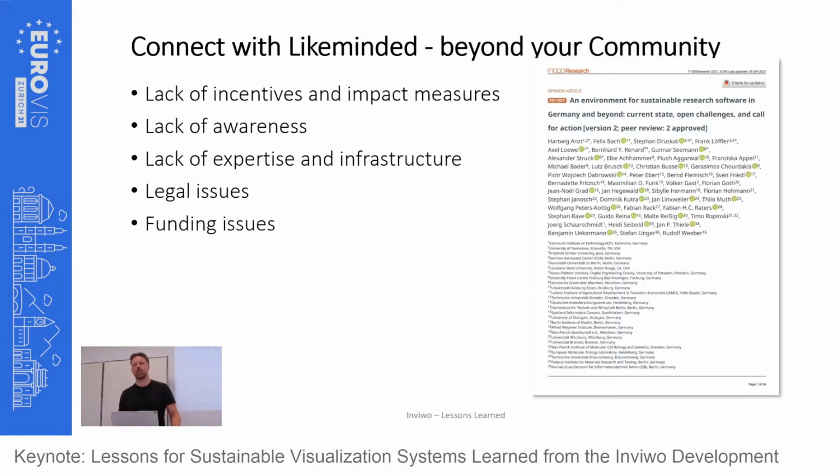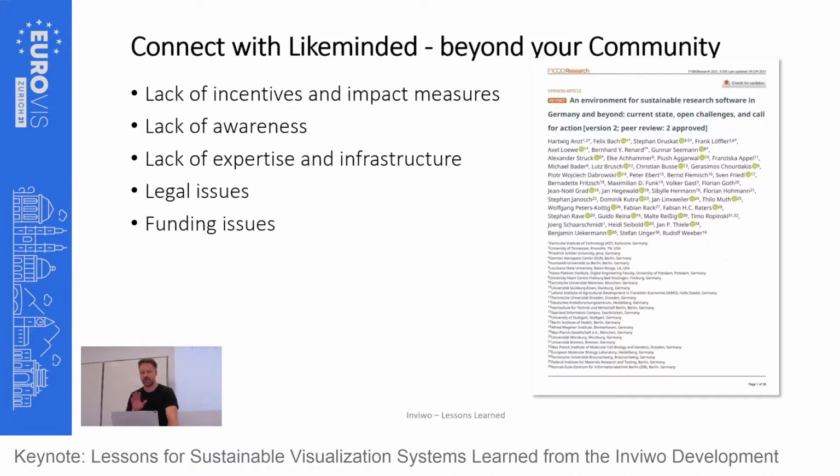So if you develop research software and you are focused on a career in research, then you have a conflict of interest, right? Because you spend a lot of time developing the software, but you will also have to invest a lot of time to write papers, and the time you invest in the software might not be incentivized or have certain impact measures attached to it.